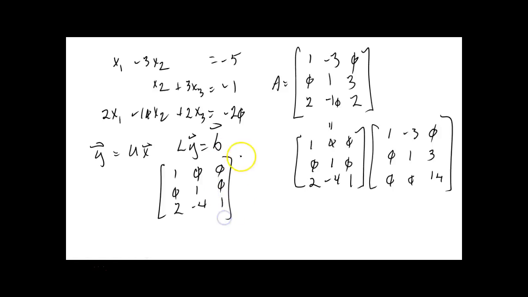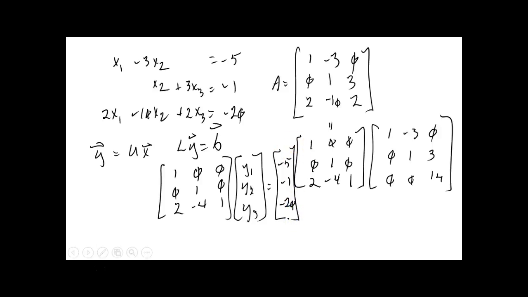Multiply that by y1, y2, y3. We know it's got to be a 3 by 1. And then we'll set that equal to b, and our b was -5, -1, -20. Okay, done.